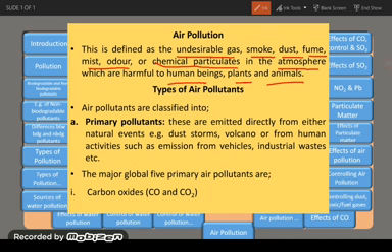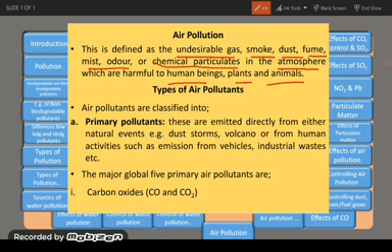That is, all these undesirable gases in form of smoke, dust, fume, mist, odor, or chemical particulates are harmful to humans, to plants, and also to animals. So when we have a kind of pollution like this, we call it what? Air pollution.